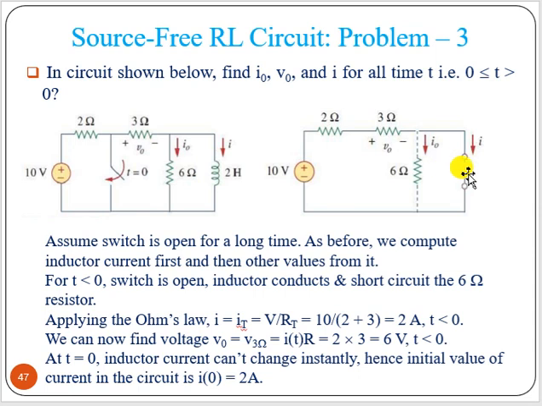So according to Ohm's law, this current I is nothing but V divided by the total resistance, here 5, that is 2 ampere. Now we can find out V0 at the 3 ohm resistor, that is 3 into 2, so 6 volt. At t equal to 0, inductor current can't change instantaneously, hence the initial value of current is 2 ampere. So this 2 ampere is flowing through this inductor.